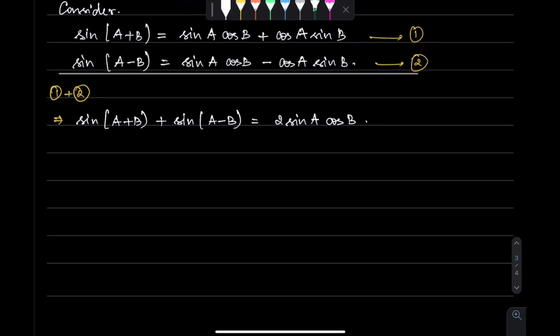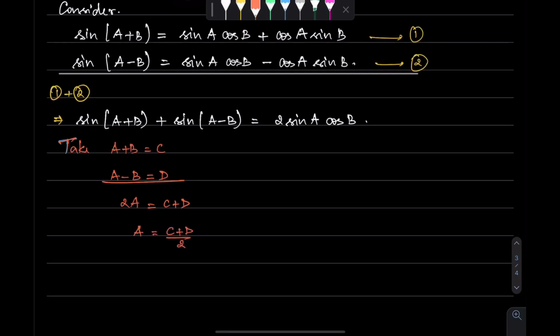I'm going to take A plus B as your C and A minus B as your D. You solve this. What is your A from this equation? If I take it like this, what is your 2A? 2A will become C plus D. And what is your A? A is exactly C plus D by 2.